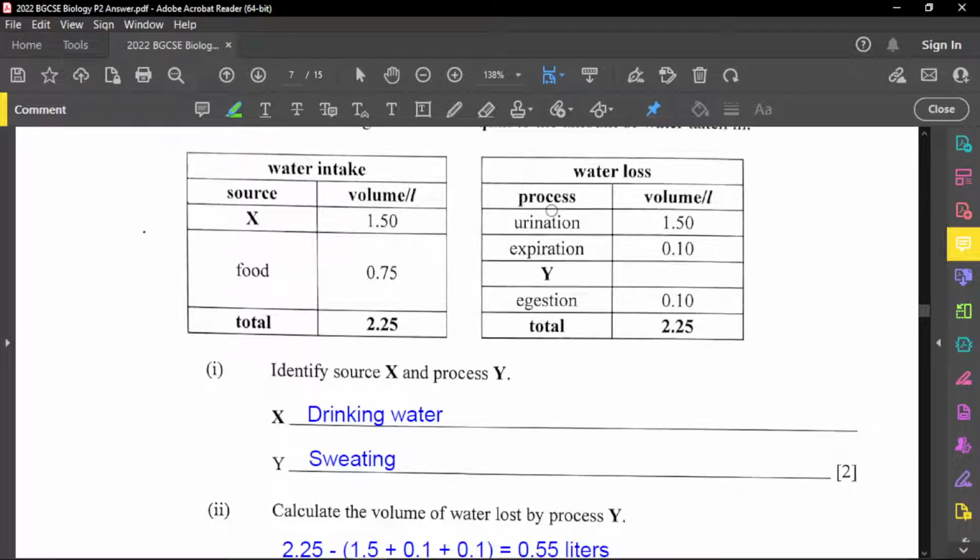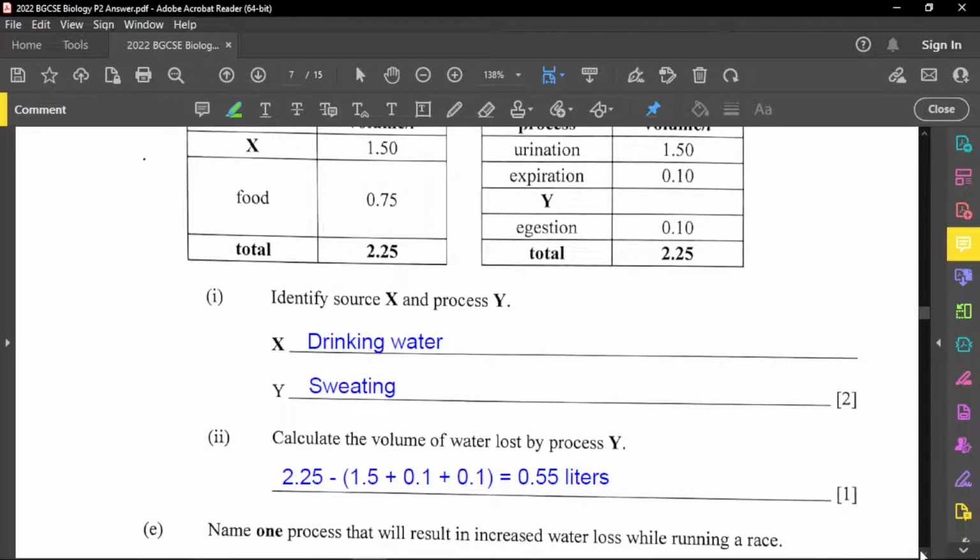And so the process here, Y, if you look at it, you have urination, you have expiration, which is breathing out, and then you have egestion. So the only process that is missing there is actually sweating. All right, so Y is sweating. And now we say calculate the volume of water lost by process Y. And how to get this is really to have the total and you subtract all these from the total.